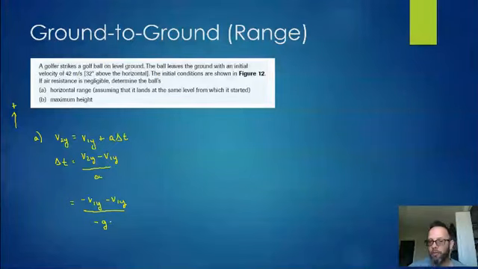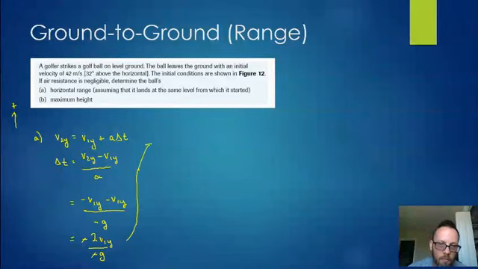But I'm going to leave it as g so that we can use these formulas wherever we are on Earth, or for projectile motion on some other planet where g is different. Let's continue. So we get negative 2 v1y over negative g. The negatives will divide out.